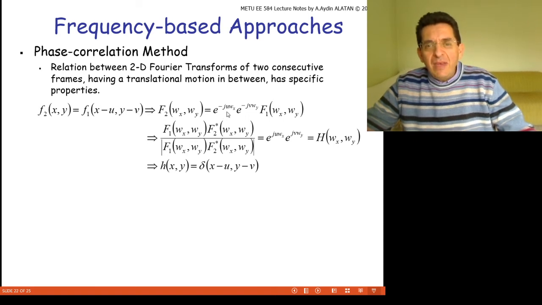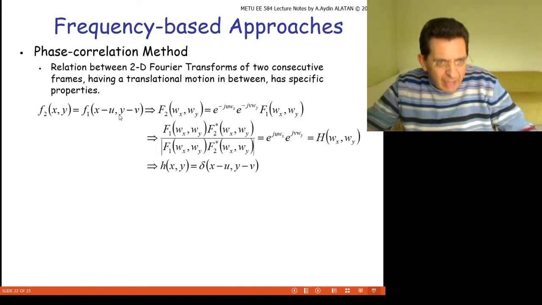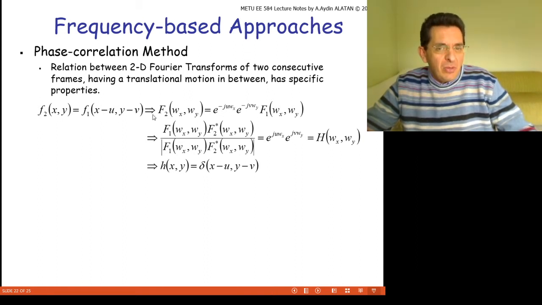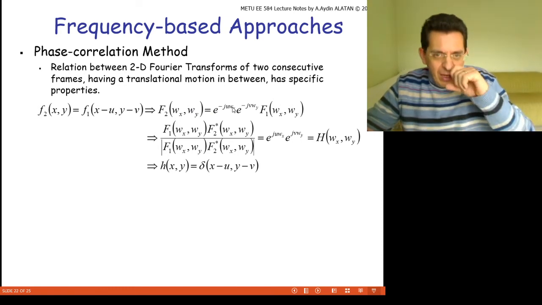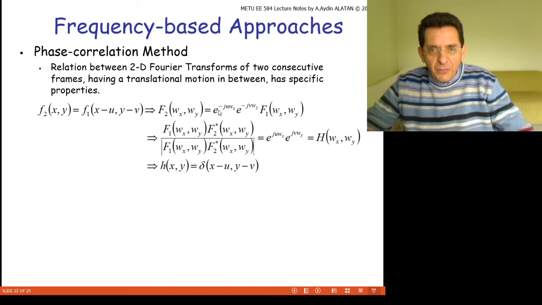Those u and v displacements come into the relation as an exponential phase factor between the 2D transforms of these two frames. Therefore, the 2D Fourier transform of the first frame and the 2D Fourier transform of the next frame are related by a complex exponential multiplication whose phase stores this u and v information. wx and wy are our horizontal and vertical frequency parameters in 2D.